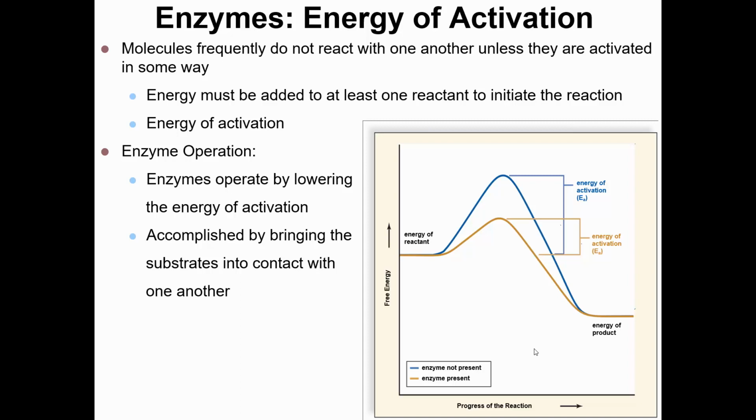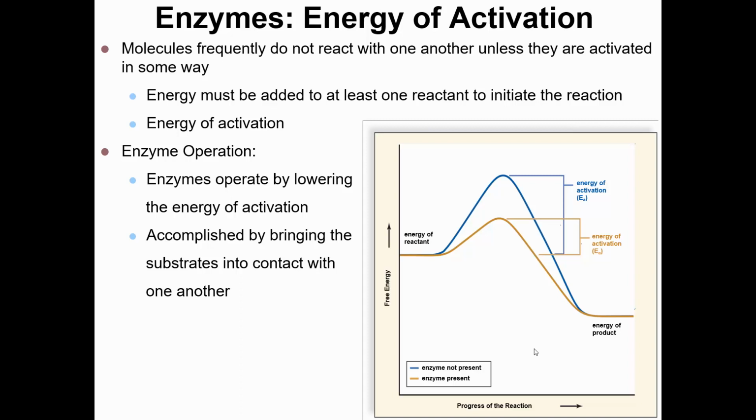They might, and this is probably a bit more common, provide some pressure. They might twist the bonds of the substrate just a little bit so that those bonds break. It would be very unlikely those bonds would break if the substrate was not in contact with the enzyme. But as the substrate runs into the enzyme, it twists those bonds a little bit, causing those bonds to break.